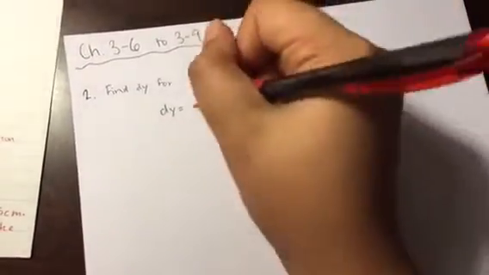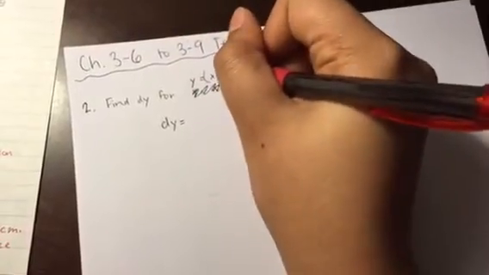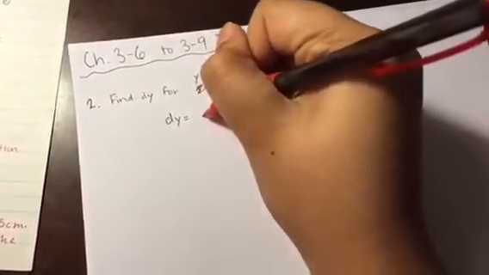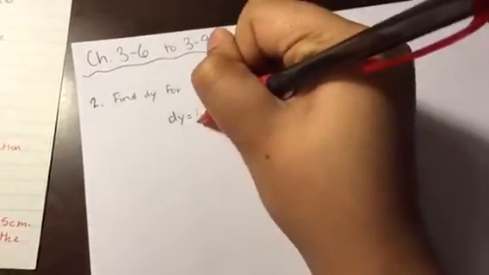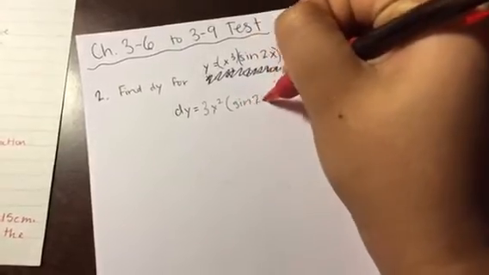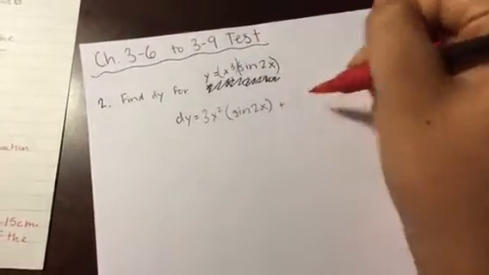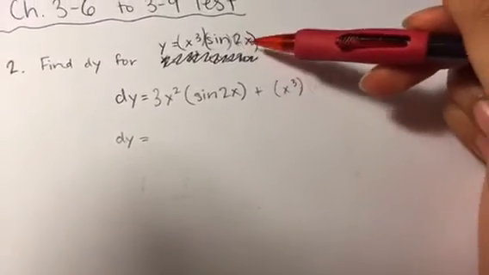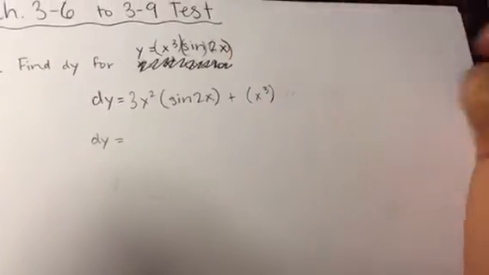For the first part, we'll take the derivative of the first part of this. So it's 3x squared times the regular part, 2x, plus this x cubed right here, and then you take the derivative of the second part.